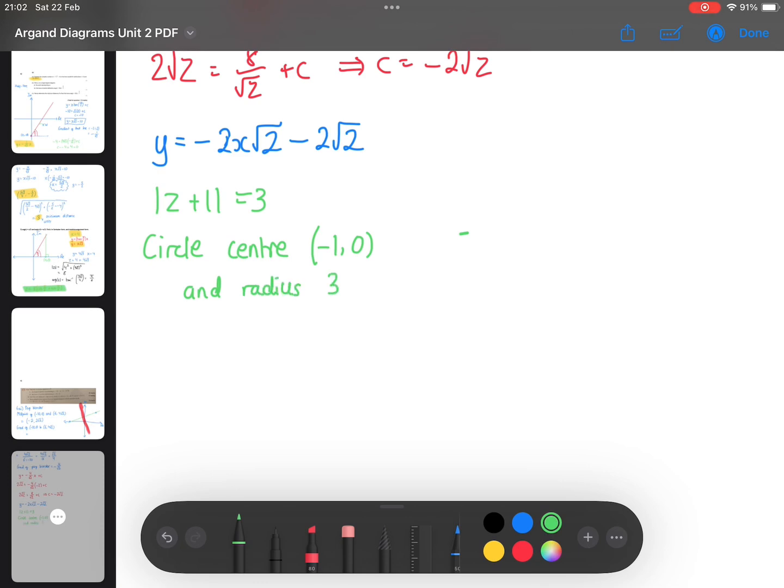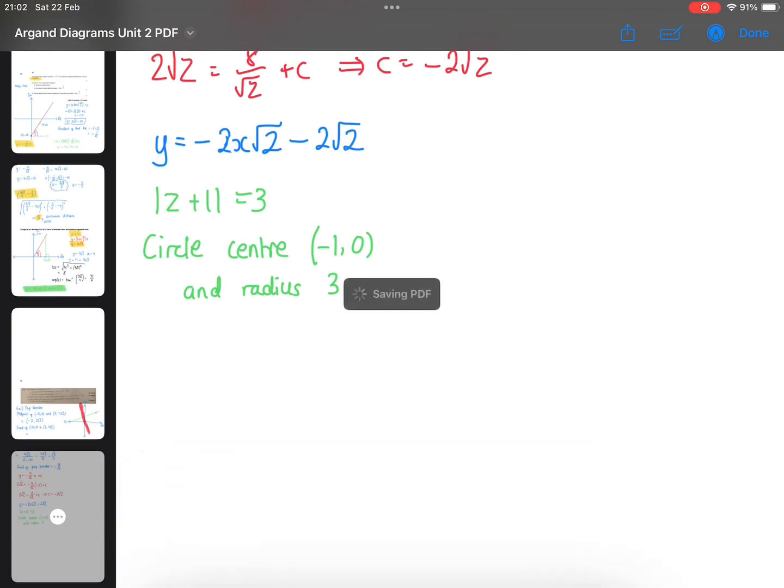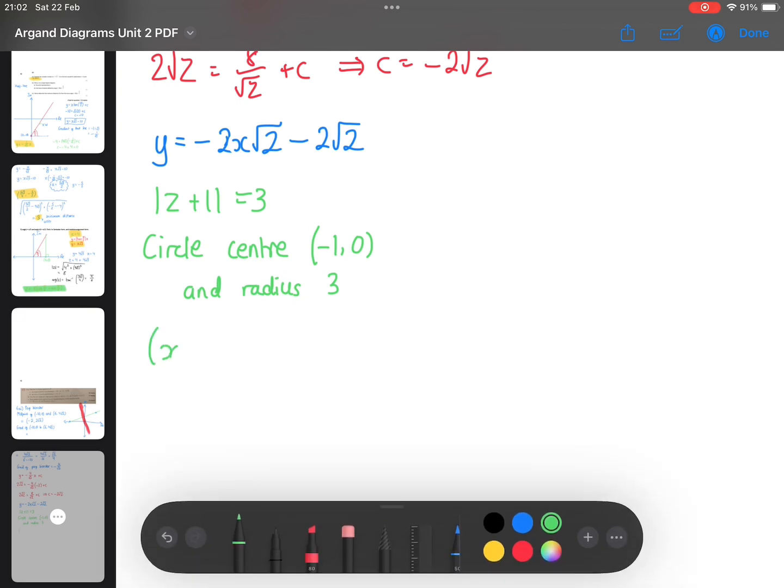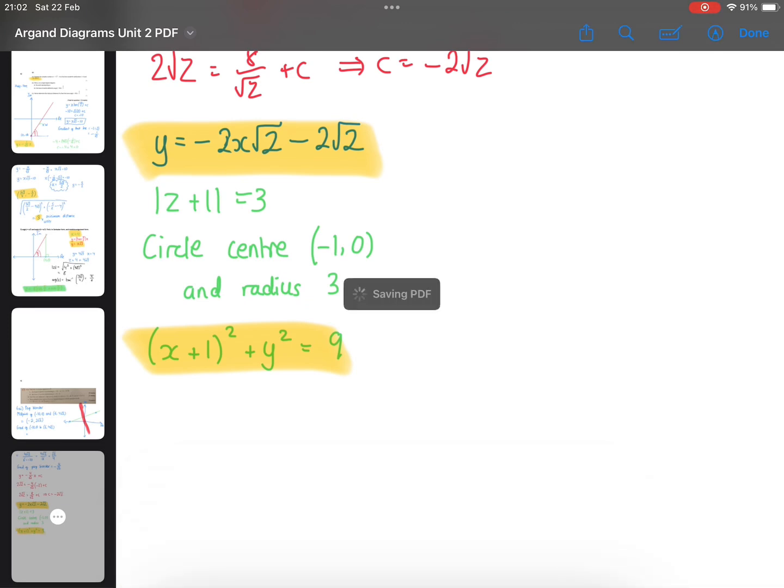So we should know that that's going to be in the form of x plus 1 squared plus y squared equals 3 squared, which is 9. So those two equations here, those are the Cartesian equations that we're interested in, and those are our answers to part A.